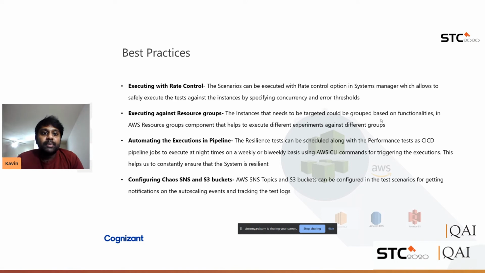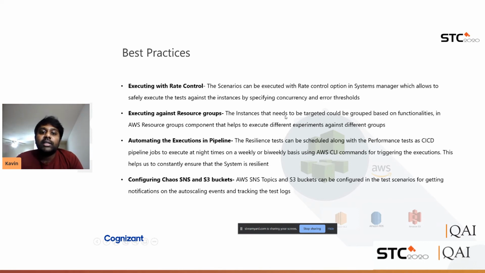So coming to the best practices, this chaos testing can be started with a minimal blast radius in any one of these EC2 instances, and it can be extended to all the instances in the region to understand how strongly our systems are resilient. And instead of manually giving the instances, we can group the instances based on resource groups.